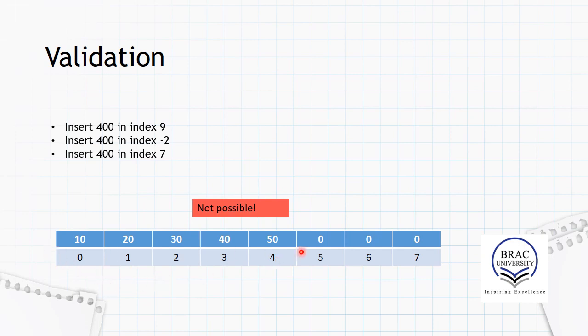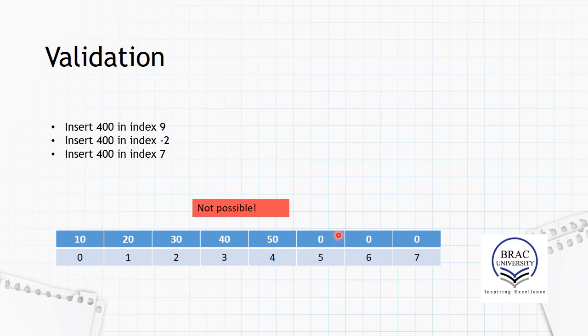So can you tell me what the valid indexes in this array are? I may insert at 0, 1, 2, 3, 4, and 5 is also a valid index for insertion, because I might need to insert a value at the end of the array.